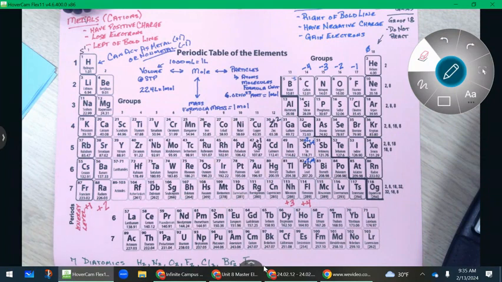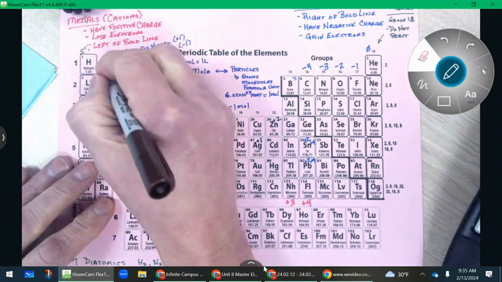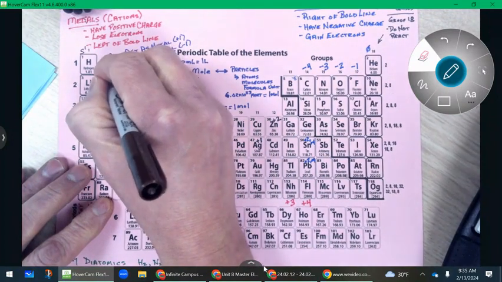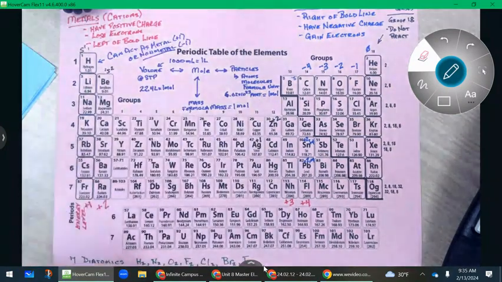Any element in group 1, when you are describing their electrons, will end in S1. Meaning they will be in whatever energy level, the S part of it, and there will only be one electron in there. By the second group, I'm going to put S2.